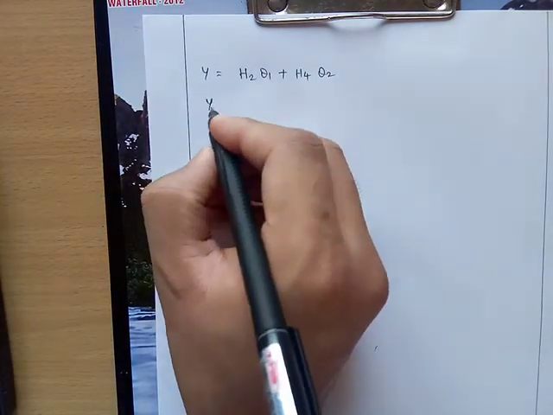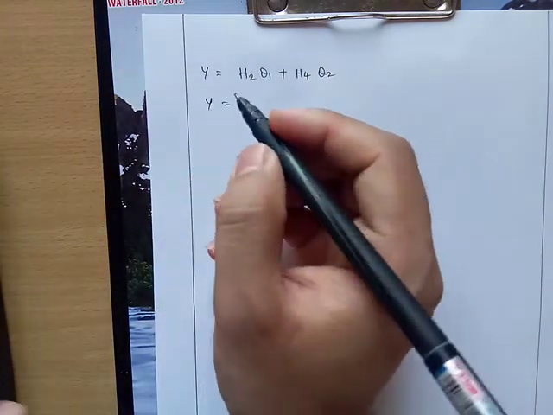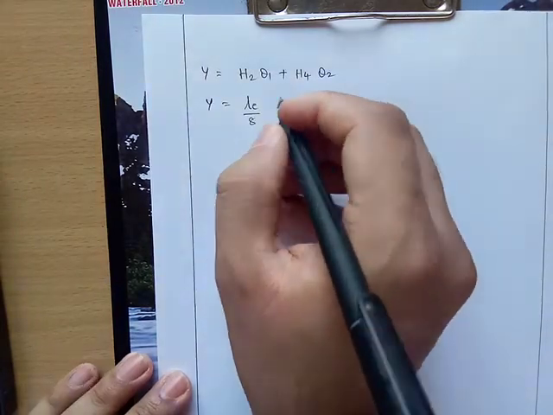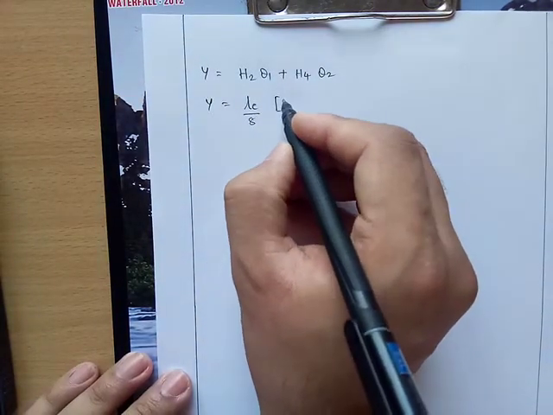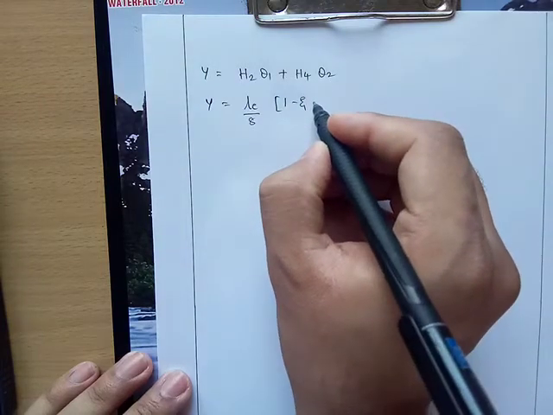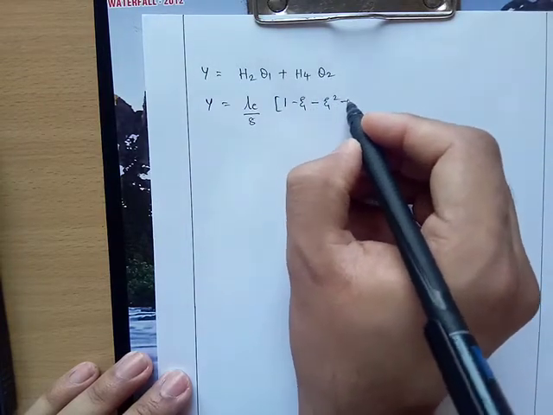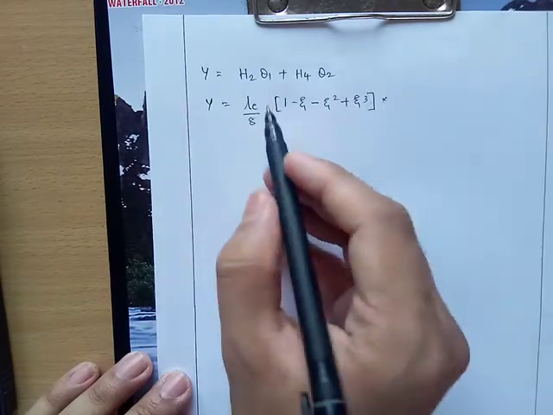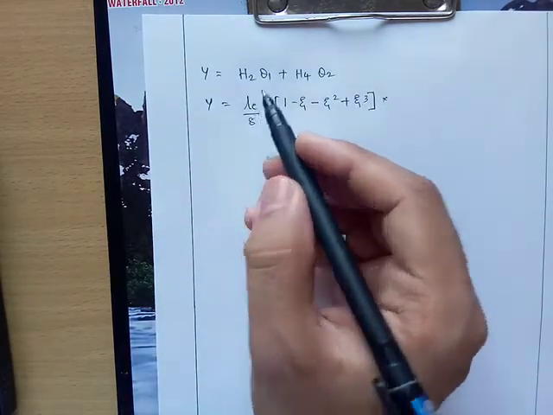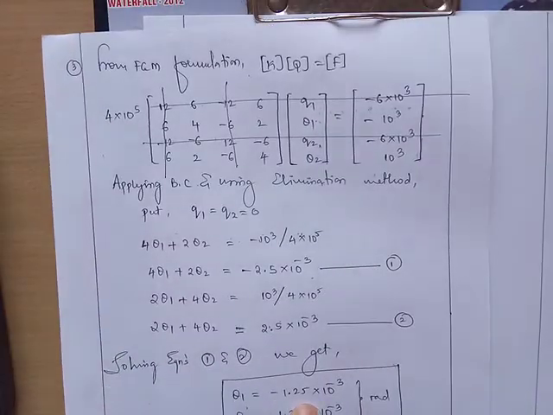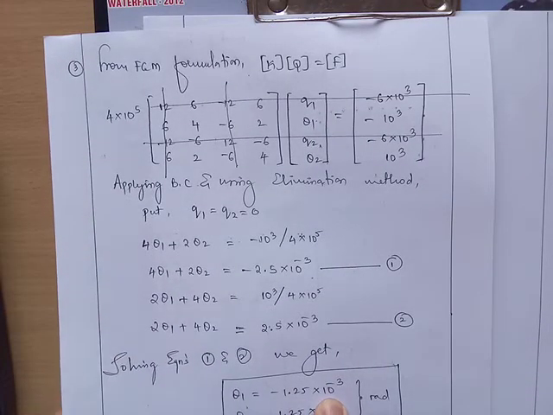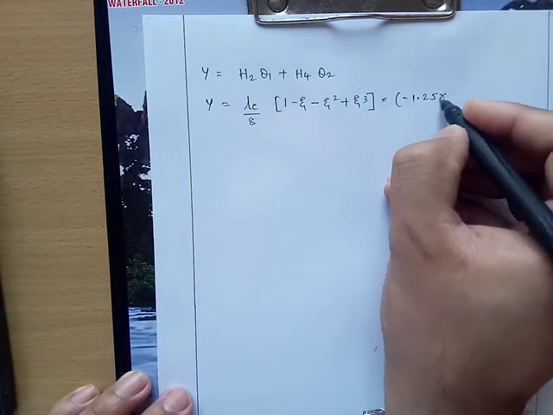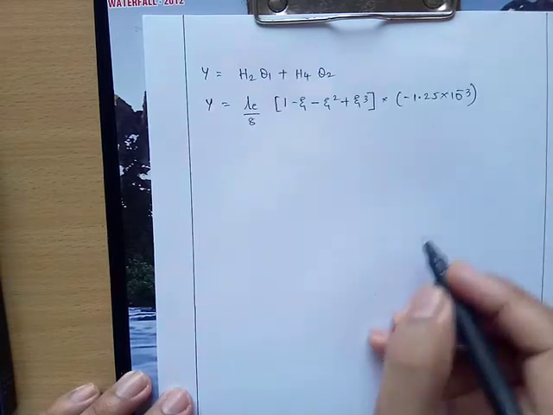If you put the values of H2 and H4, H2 value is length of the element divided by 8 into 1 minus zeta square plus zeta cube, into theta 1. Value of theta 1 is minus 1.25 into 10 raised to minus 3, right?